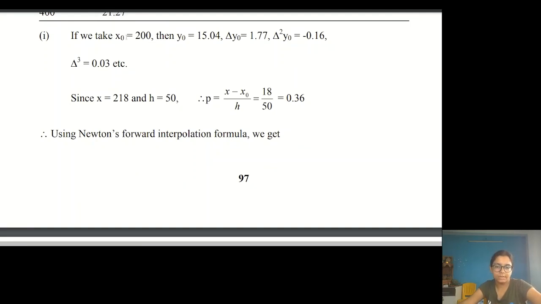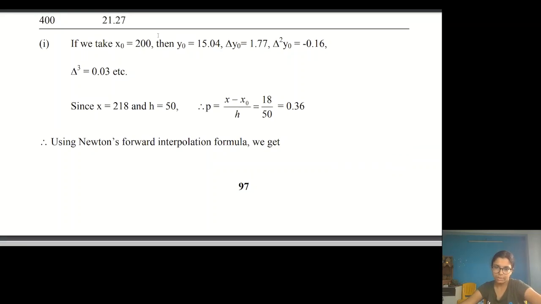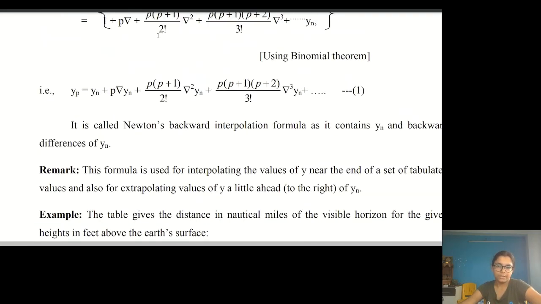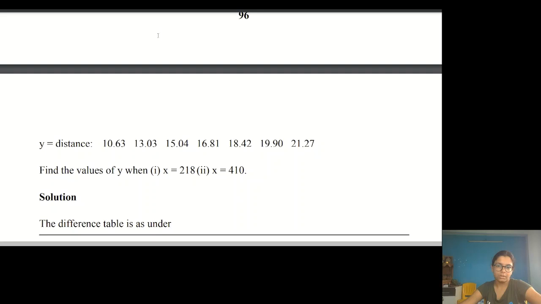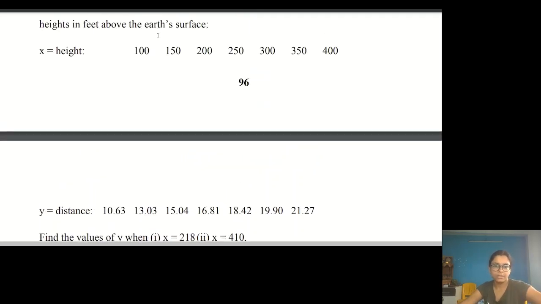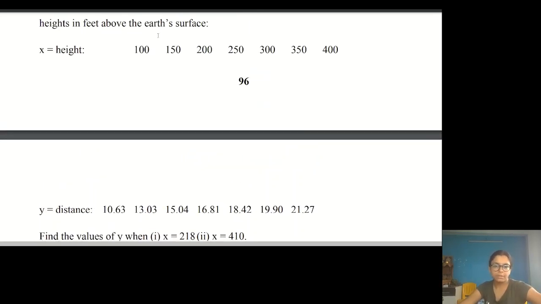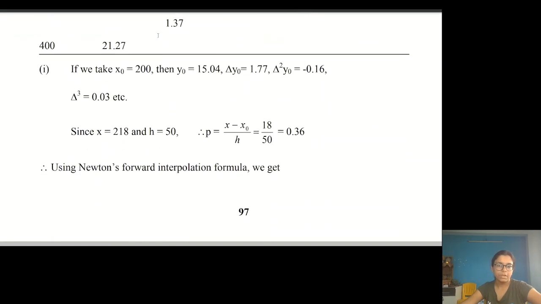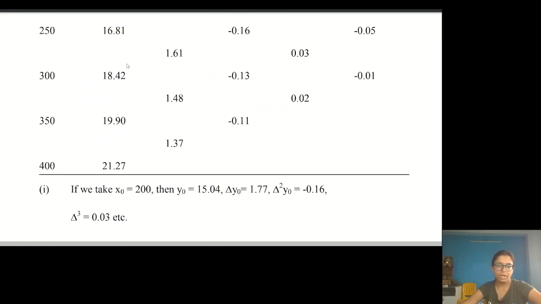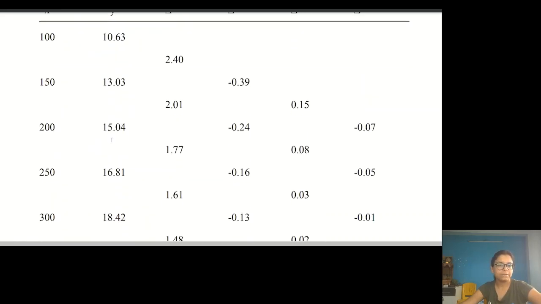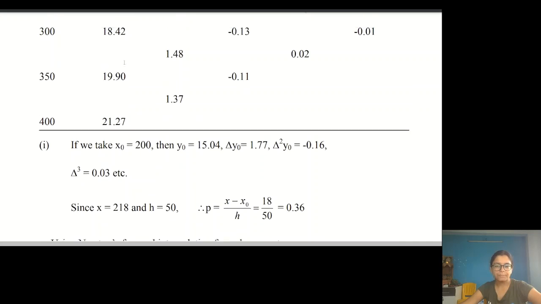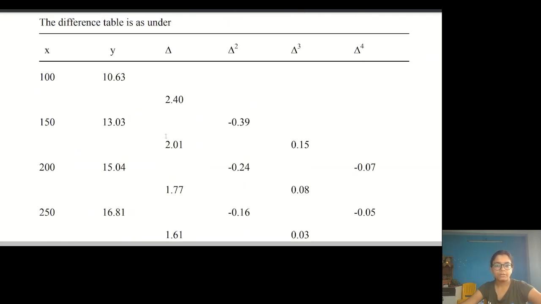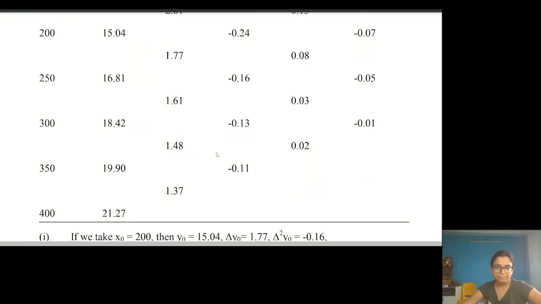We take x0 equal to 200, as it was written in the given data set. The value of y at x equals 200 was 15.04, and the delta y naught value was 1.77.